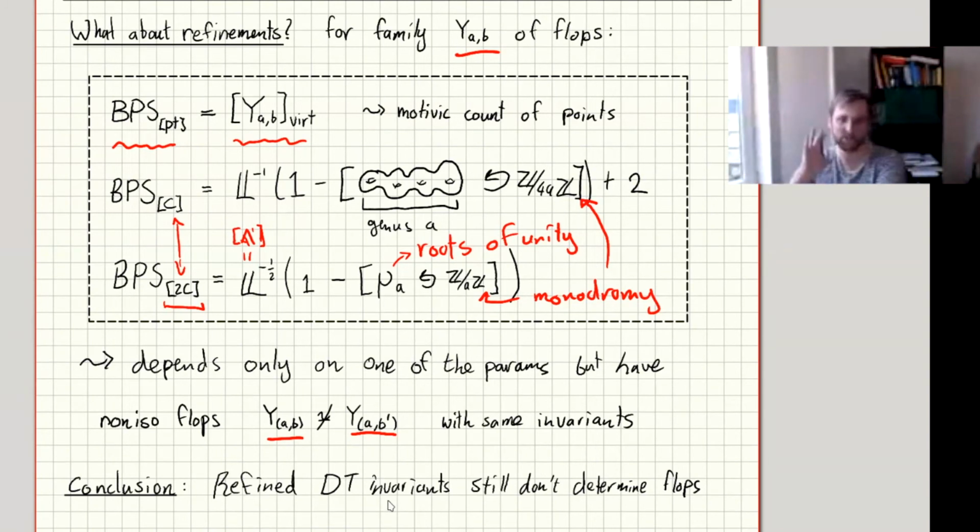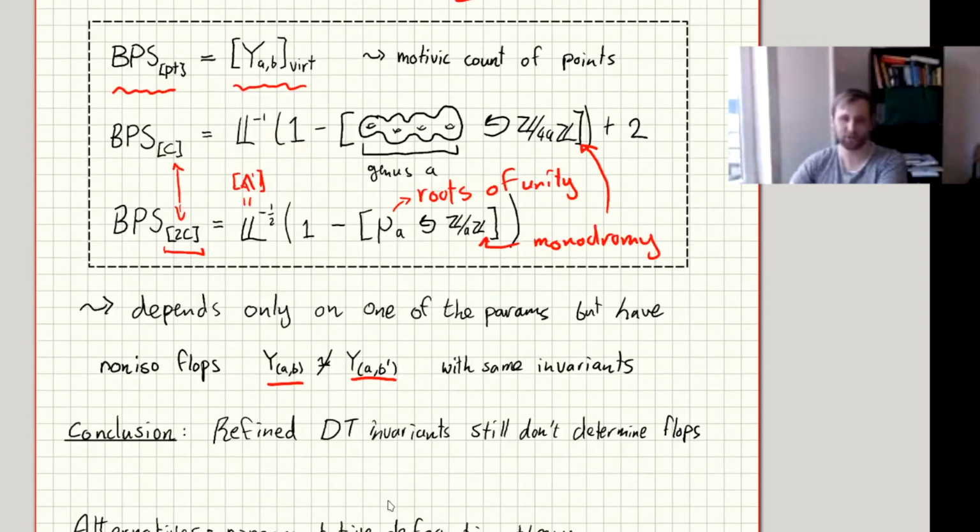This DT theory just can't see the complete geometry, or can't really express the complete geometry. Even if we're just looking at a curve in some space, its deformation theory is just too complicated to be captured by these invariants.